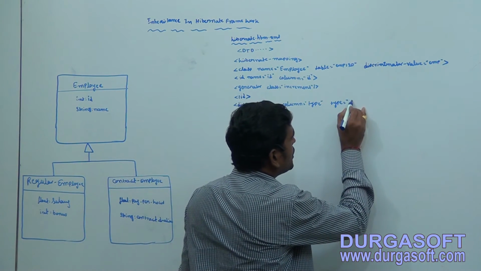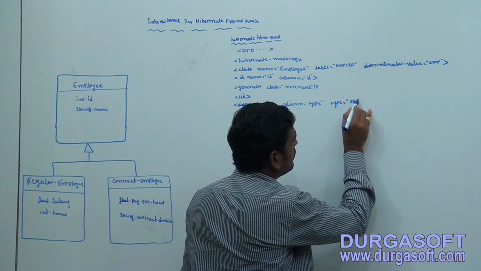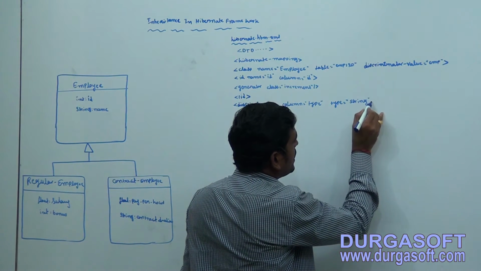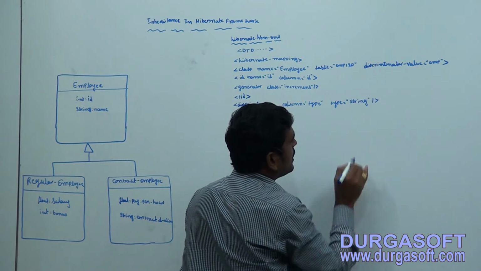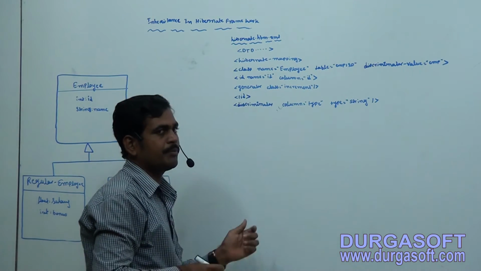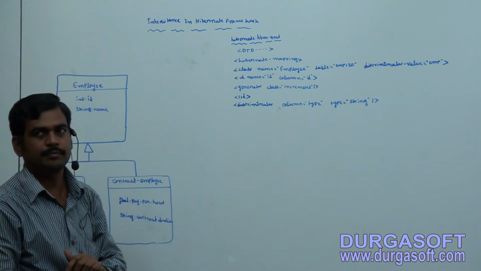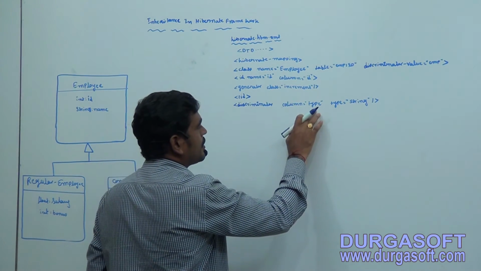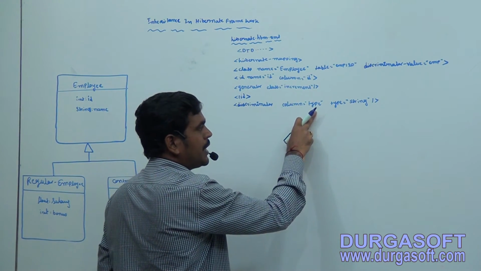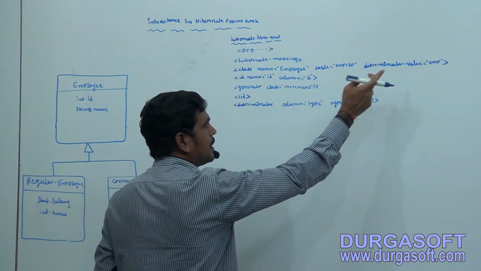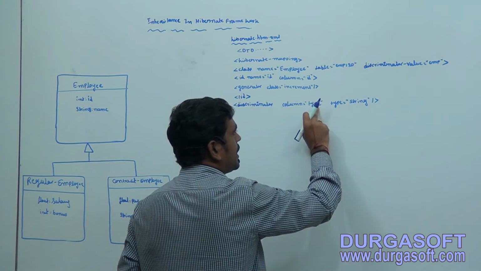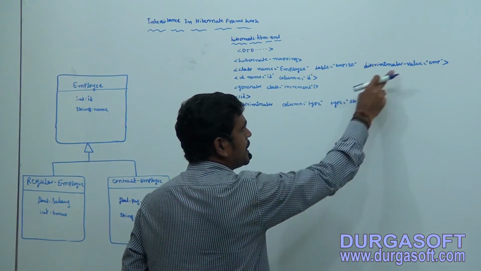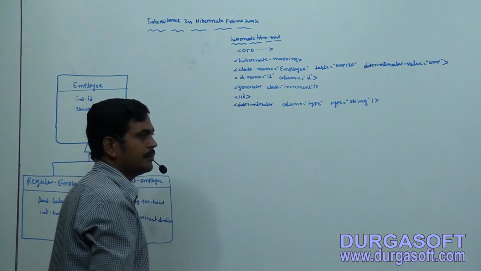Type is equal to string, I am mentioning. This is the data type for Hibernate. Then the column is going to be created. What is the column name? Type. Inside this type, this emp is going to be stored.